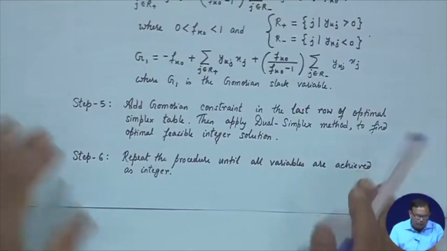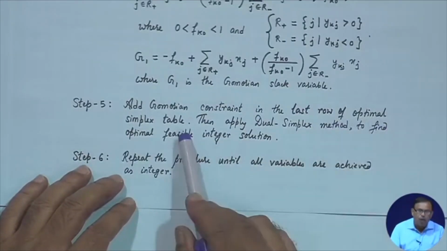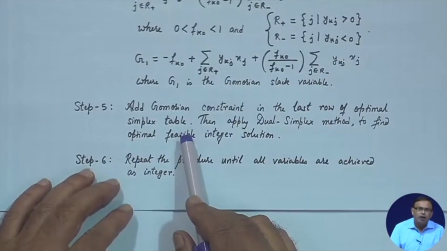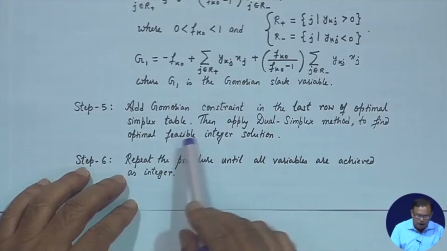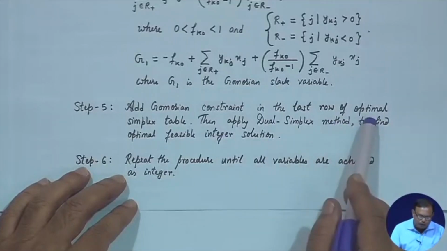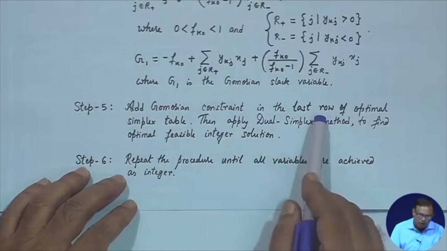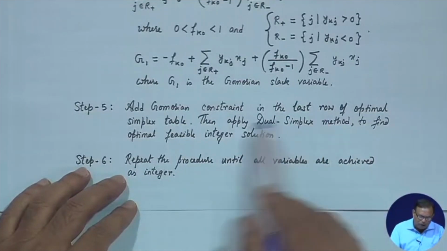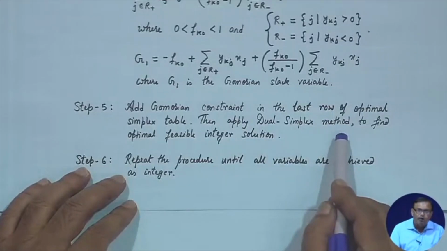So, now as usual you have to add this Gomorian constraint in the last row of the optimal simplex table. That is, whatever last optimal simplex table you have derived earlier, for that last simplex table you add the Gomorian slack constraint, and then you apply the dual simplex method.